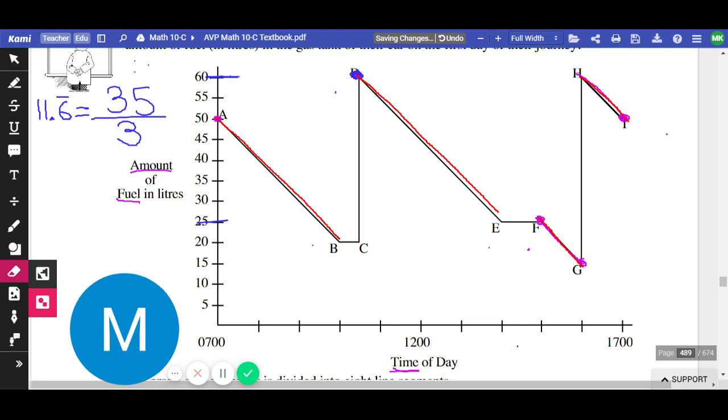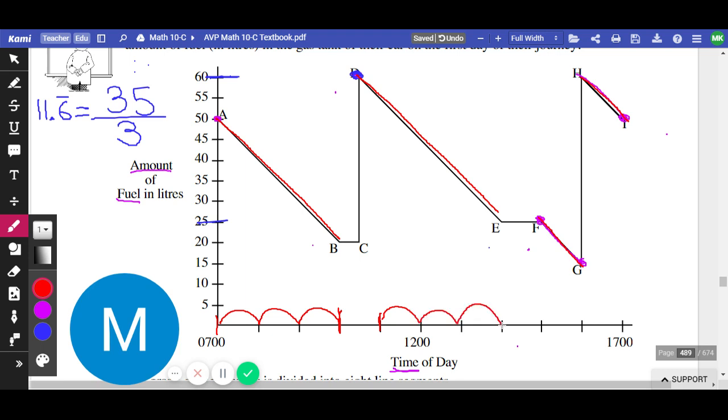Those highlighted areas are where we're driving. If you want to figure out the total amount of time you're driving, you're just going to add up all those segments. Looking at the first segment, they drove for 1 hour, 2 hours, 3 hours. Then starting at point B, they start driving again for 1 hour, 2 hours, 3 hours, another 3 hours.